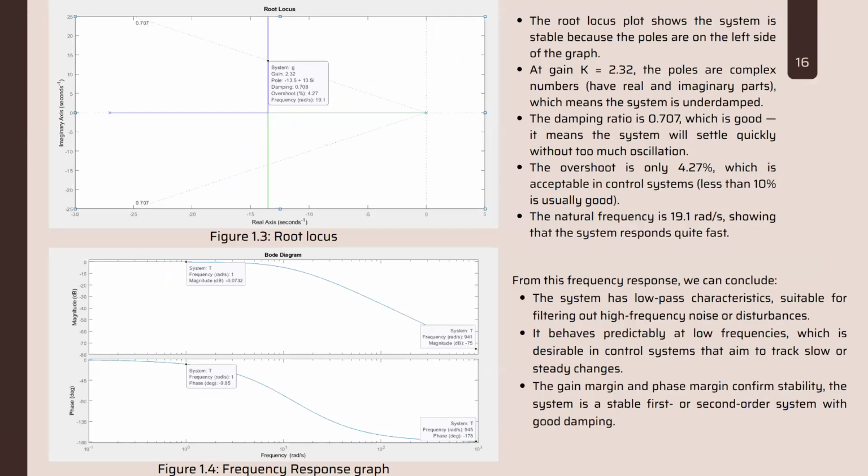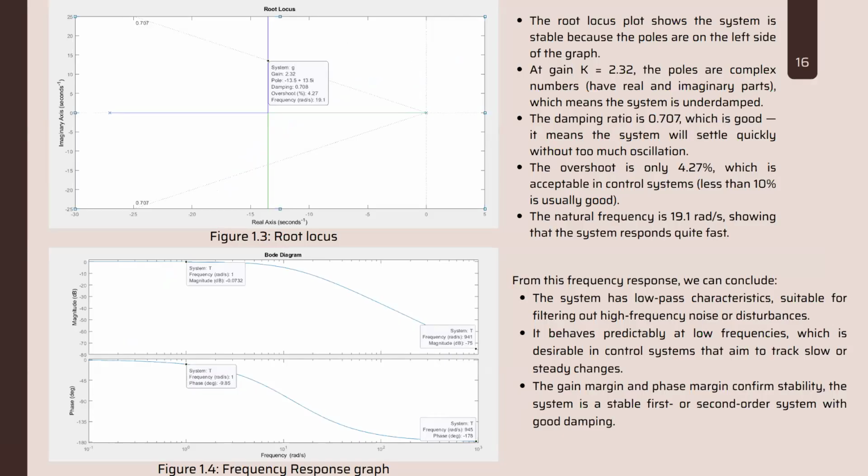For our root locus, we decided to choose our damping ratio as 0.707, which is good, and our gain K is 2.32. The poles we have here are complex numbers, with a real and imaginary part, which means the system is underdamped.